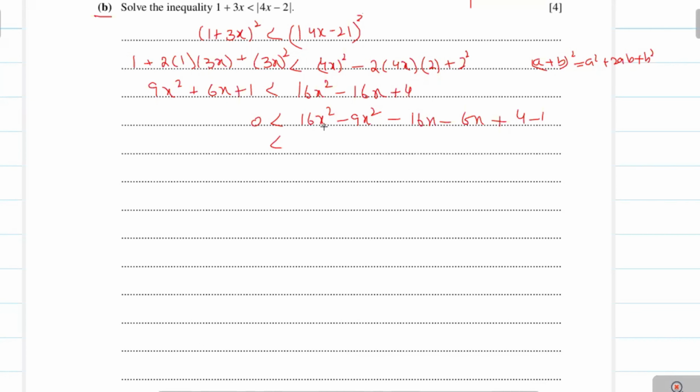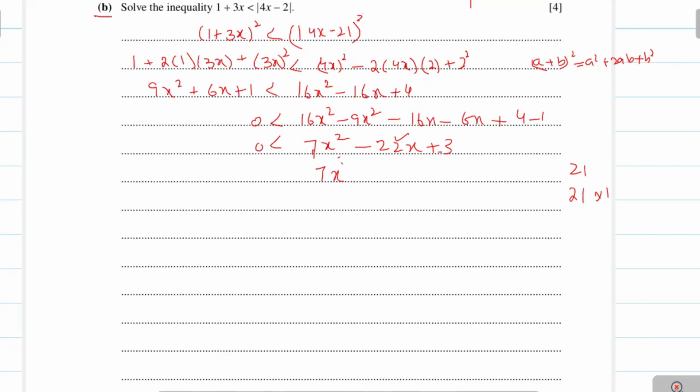Therefore, we can write 16x square minus 9x square is 7x square minus 22x plus 3 greater than 0. And we can find the value of x by using the middle term breaking rule. Therefore, we can write 7 times 3 is 21.